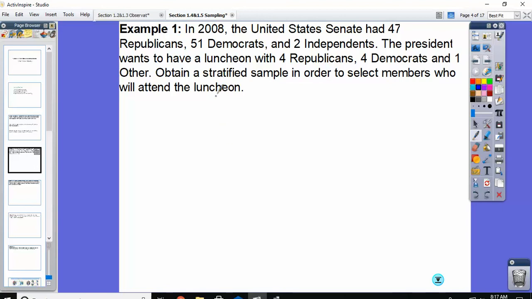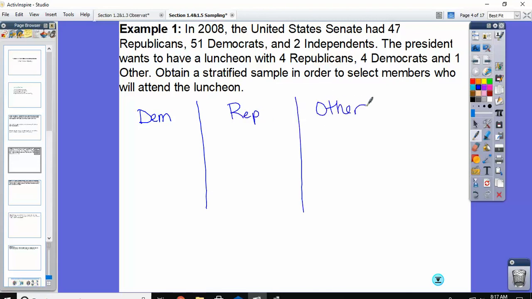So this is stratified because they are broken into groups. We have the Democrats, the Republicans, we have other. Nobody fits into more than one of those groups, so they are non-overlapping groups. Then I know how many I want to pick of each.